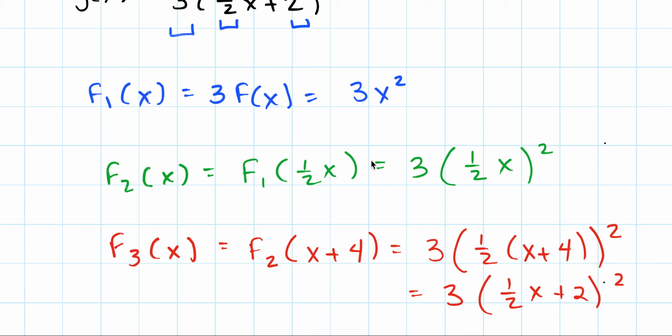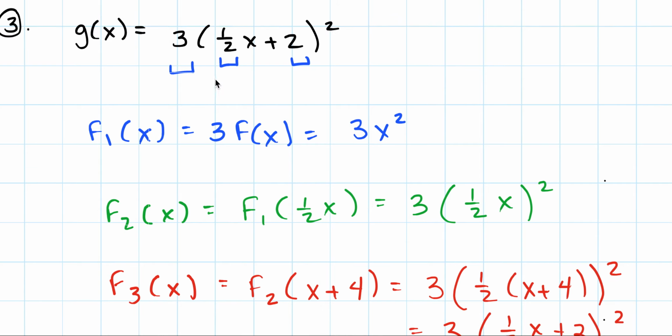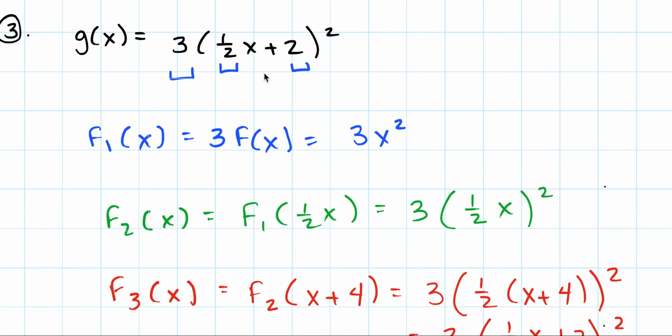So my suggestion for you is to do things that are on the outside of the function first, like this number here. Take care of that first. And then if you have a plus on the outside, take care of that. Afterwards, what's on the inside: if it's a plus or a minus here, you take care of that, and then worry about whatever's with this x.